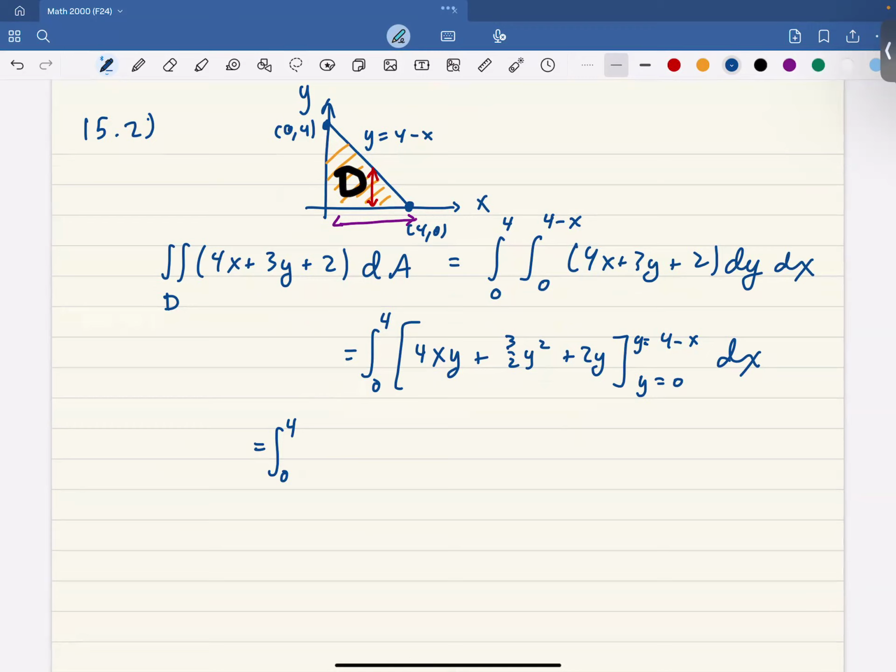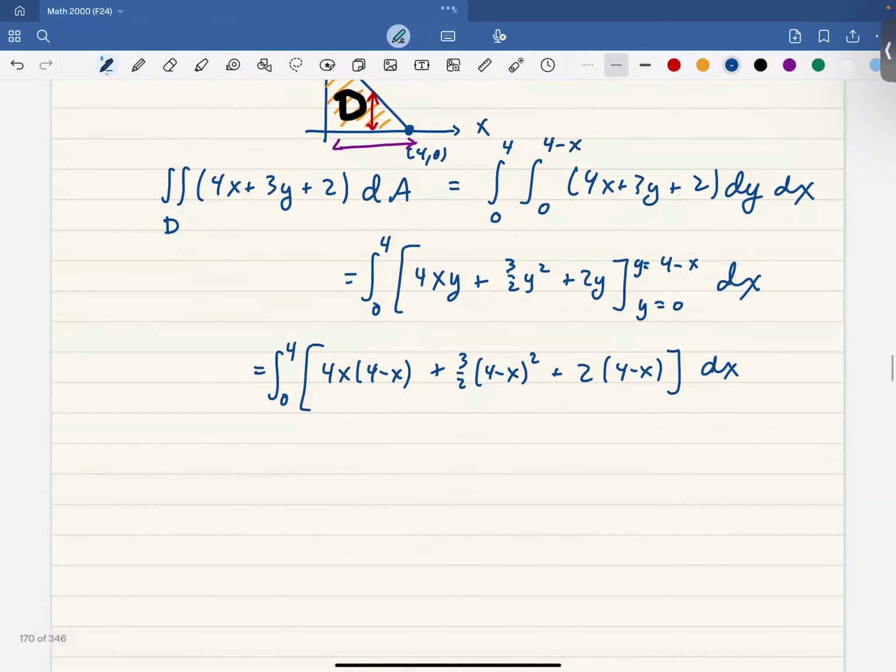When y is equal to 4 minus x, we end up with 4x times 4 minus x plus 3 halves times 4 minus x quantity squared plus 2 times 4 minus x. And then when y is 0, we get 0. That'll be dx. Now we'll just treat this like a normal Calc 1 integral, and let's go ahead and evaluate this.